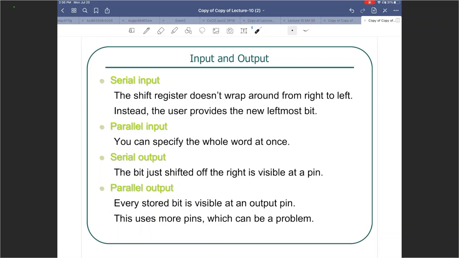Parallel input is you provide all the inputs of that register at once as a whole word. And then you clock through, and those bits will get loaded into the register. Serial out, you have to wait for everything to clock through. The output of the last flip-flop is your serial output pin.